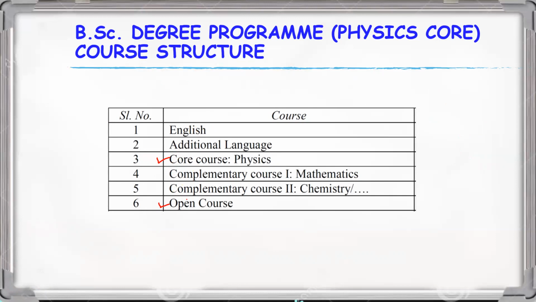In fifth semester only you should go through the open course. And in the last 2 semesters, that is in the fifth and sixth semester, you should not have any languages or any complementary papers.